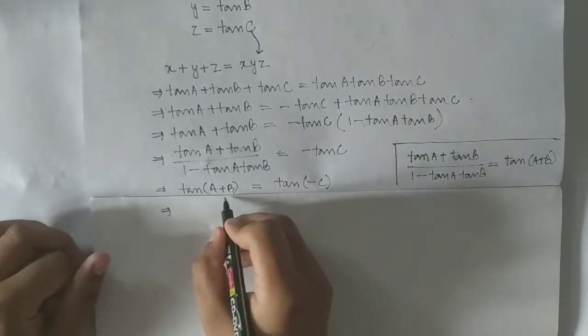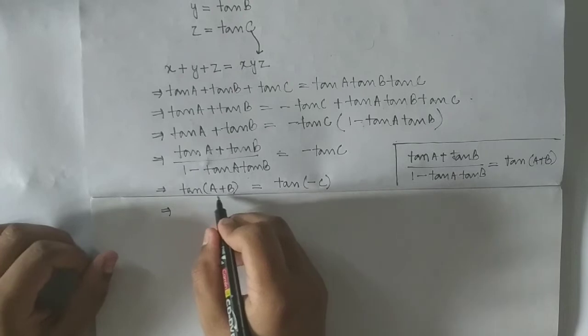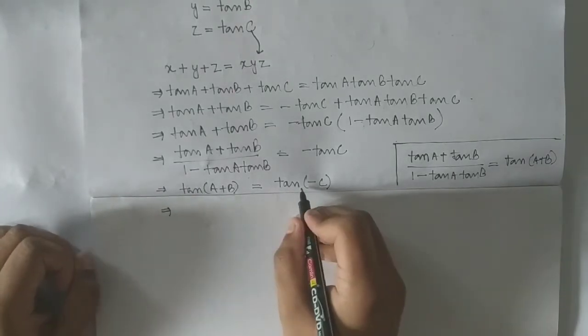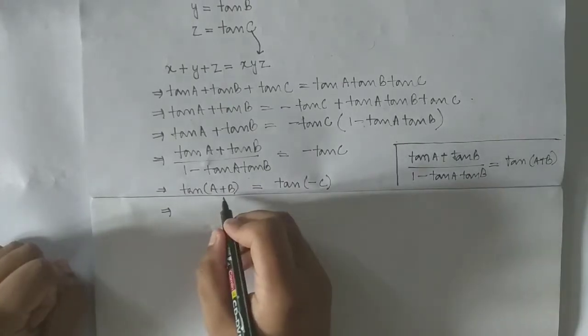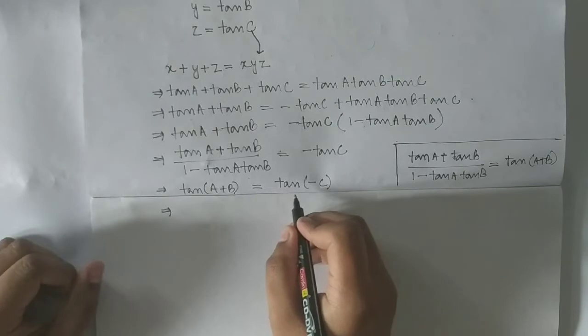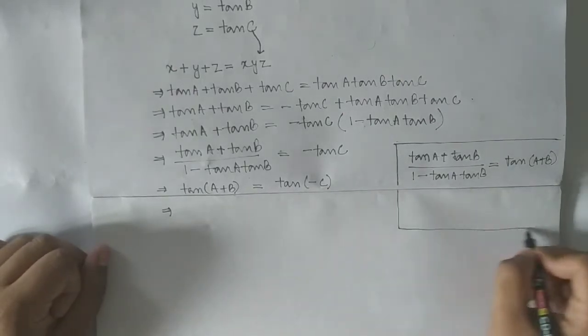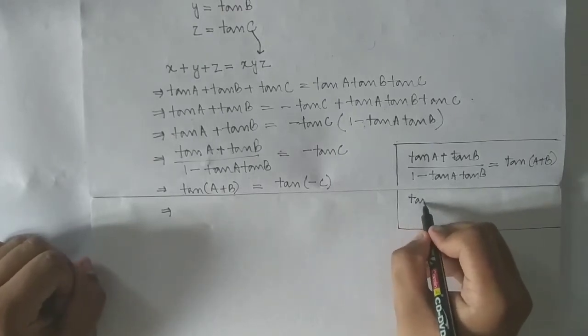So this implies, now here on the left hand side I have tan of (A plus B) is equal to, on the right hand side I have tan of minus C. And whenever I have an equation of the form tan of x is equal to tan of y, let me write this also. It's a technique used in trigonometric equations.